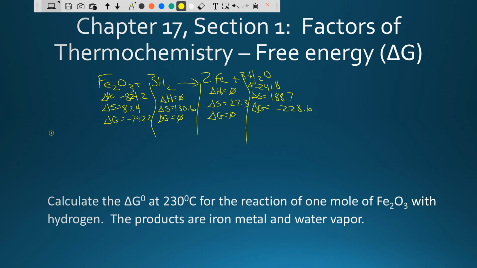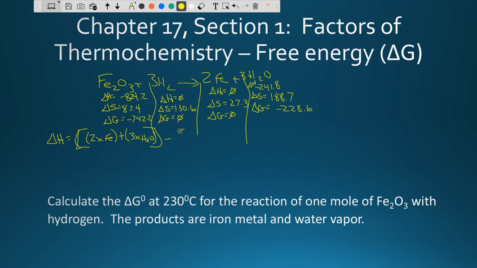All right, let's do my delta H first. That will be, let's see, and let me put a bracket here. Let's do my iron first. Well, it's 2 times my iron, which is 0, plus my 3 times my water. Okay, so that's there.